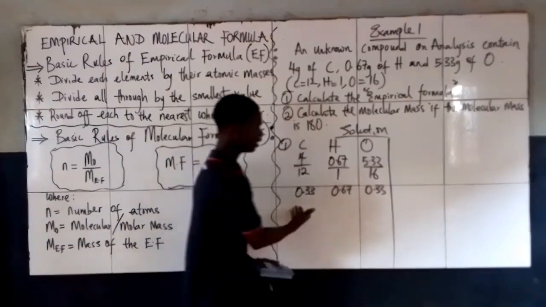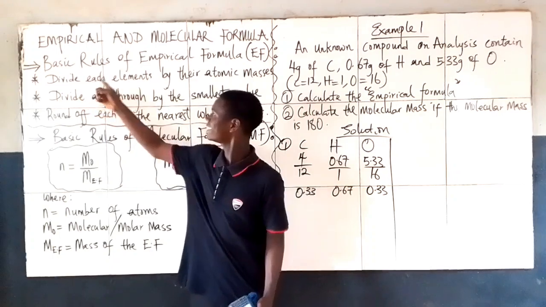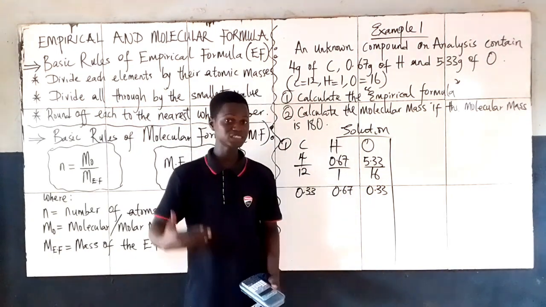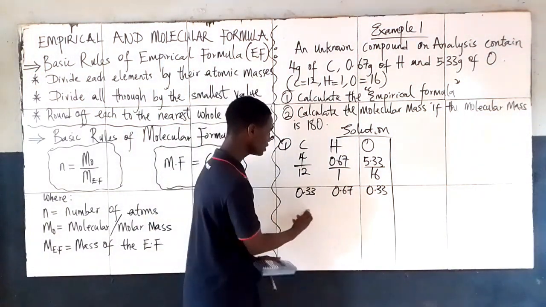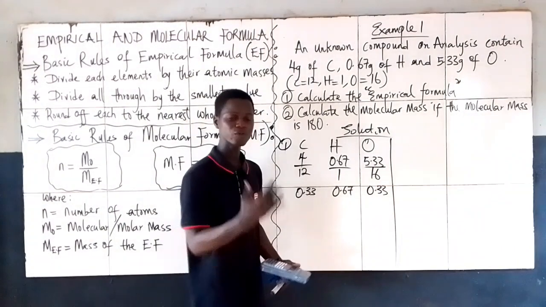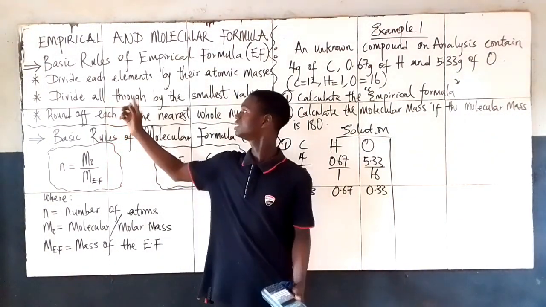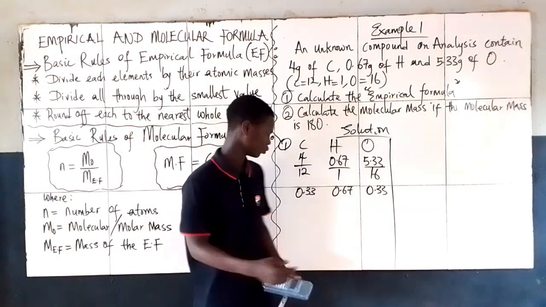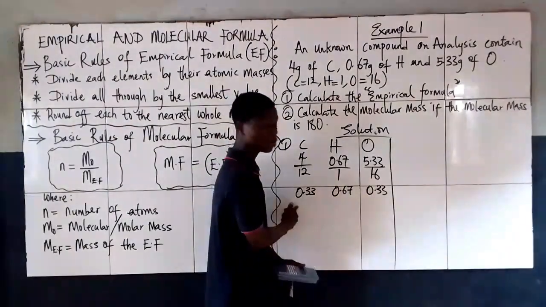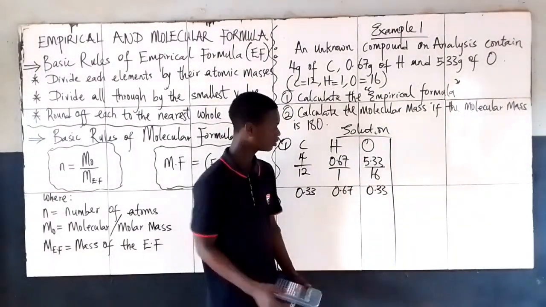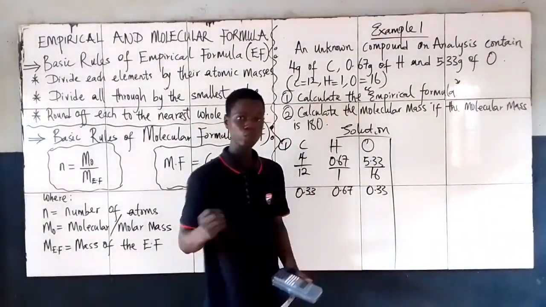Now this is what we got when we divide each element by their respective atomic masses. What is the next step? Divide all through by the smallest value. Comparing these three, 0.33, 0.67, and lastly 0.33, which is the smallest?